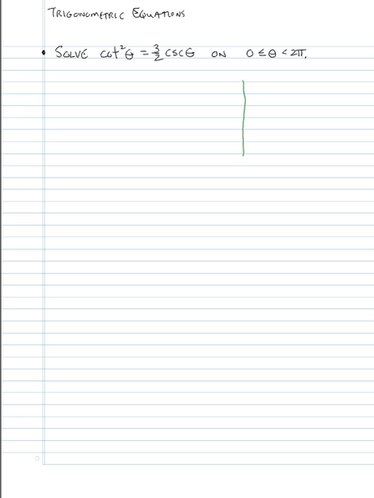with just some notes over here, is that the cotangent of theta is the cosine of theta divided by the sine of theta. And so cotangent squared theta is really nothing more than the cosine of theta over the sine of theta, squared.